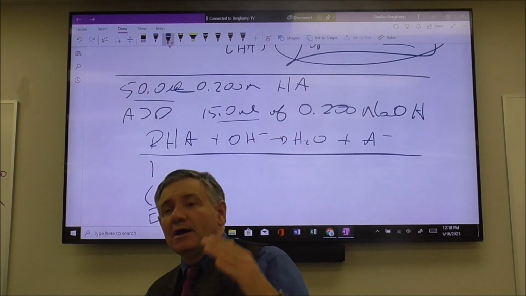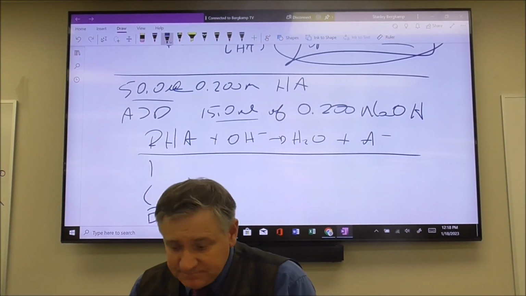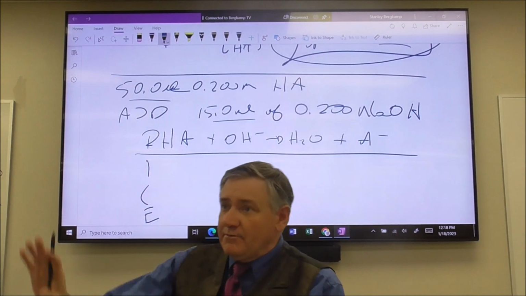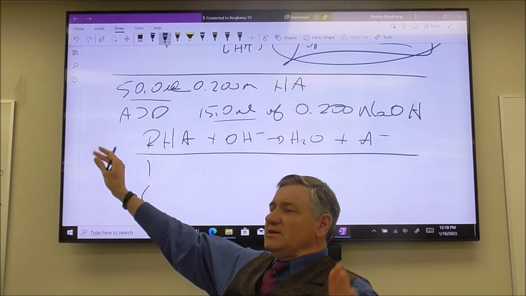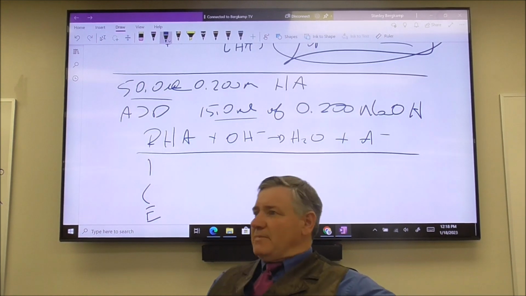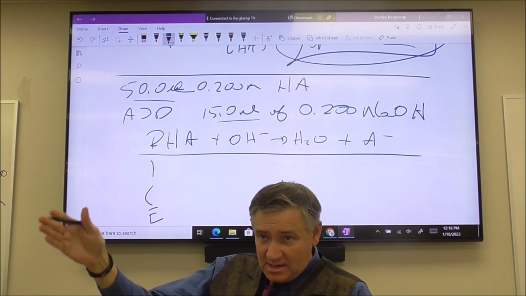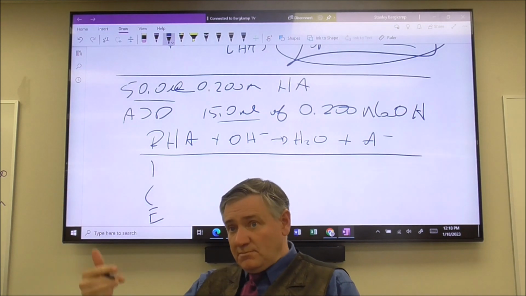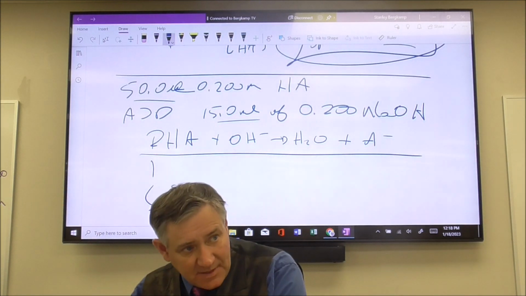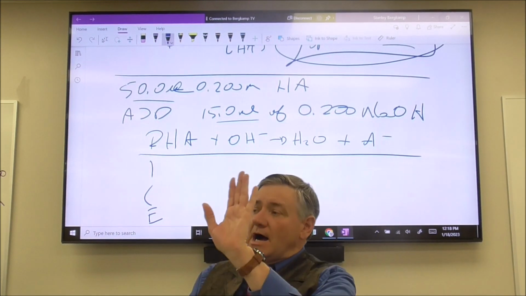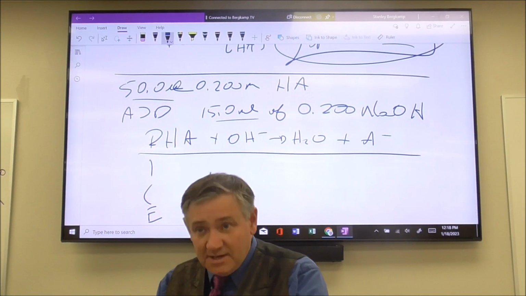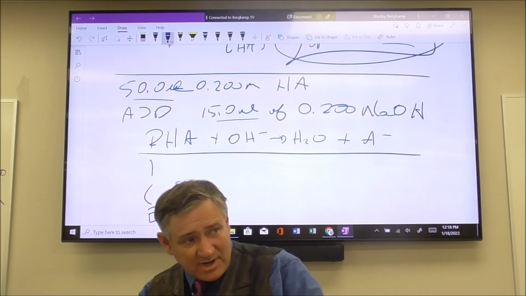Okay? Now, if this was a strong acid, like hydrochloric acid, I wouldn't worry about the anion concentration because the anion isn't going to react back with the water. But because that conjugate base wants to reform that acid, I have to take that into account. Now, I'm going to work in millimoles, because it's going to save me some hassle dividing by 1,000.